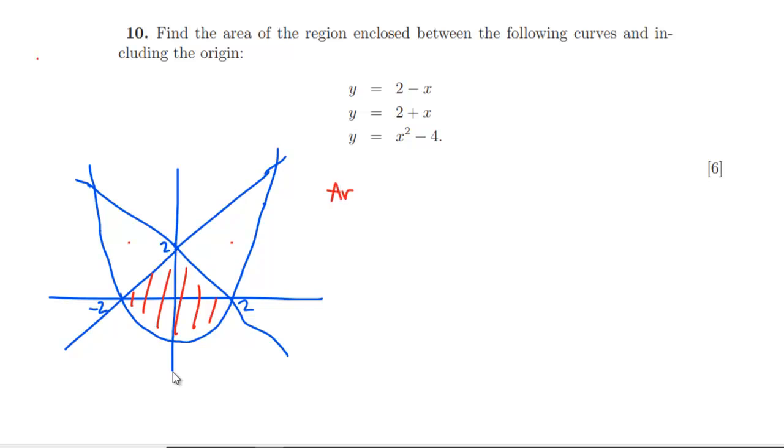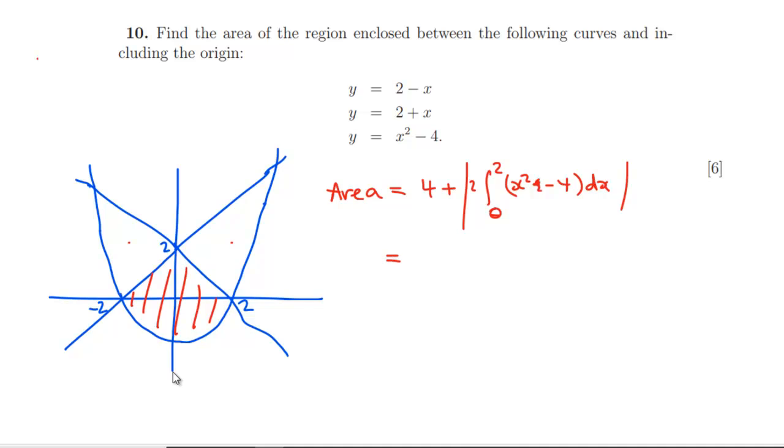So that area is going to be equal to, well, we've got this square of 2 by 2 because we've got these two triangles. So we need 4 plus the magnitude of the integral from minus 2 to 2. Actually, let's go from 0 to 2 and double it, because this is symmetrical, of x squared minus 4, not plus 4.